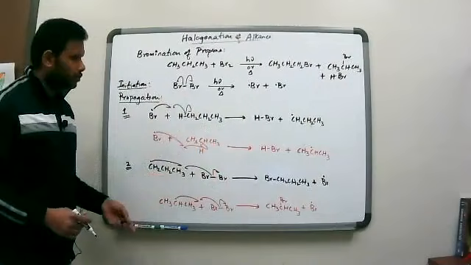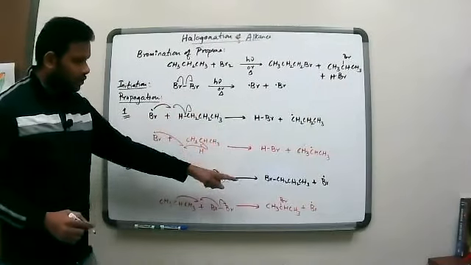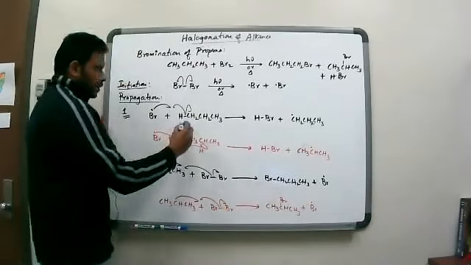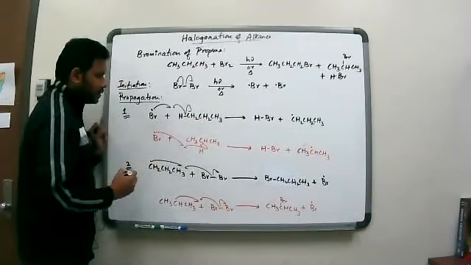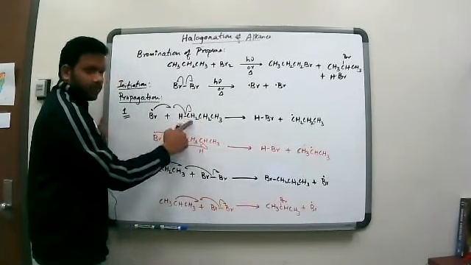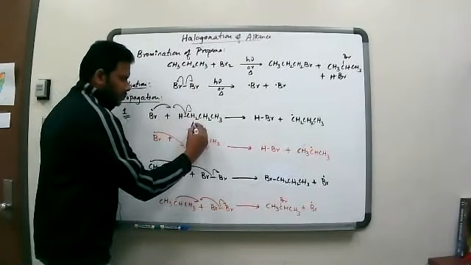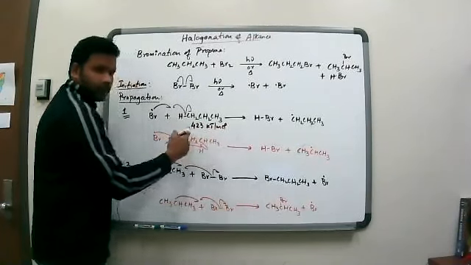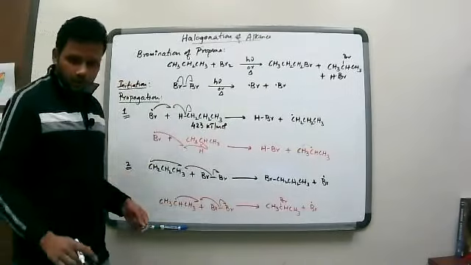So focusing on the propagation steps for the formation of 1-bromopropane. This here is the dissociation enthalpy for the primary carbon-hydrogen bond, which was 423 kilojoules per mole. We use that same number in the chlorination case.